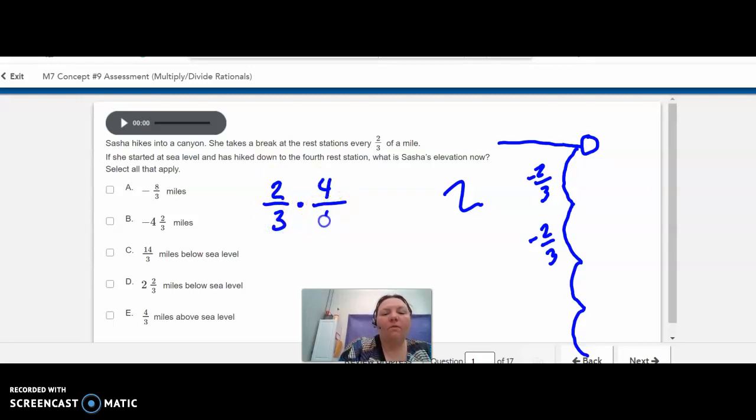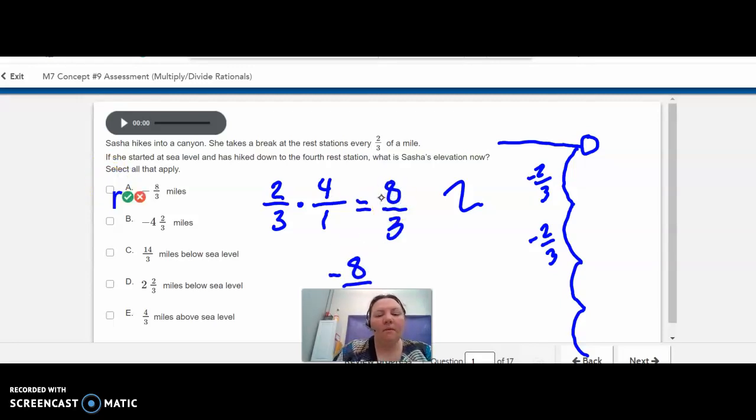And 4 is the same as 4/1. And then we multiply across our tops. So 2 times 4 is 8, and 3 times 1 is 3. So one way that we could represent her distance below sea level is with -8/3. So there's one of our options that's correct.